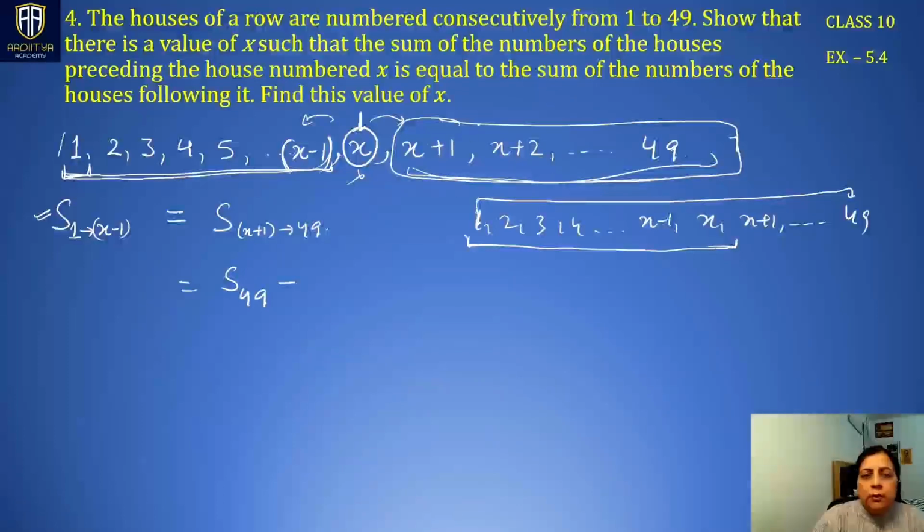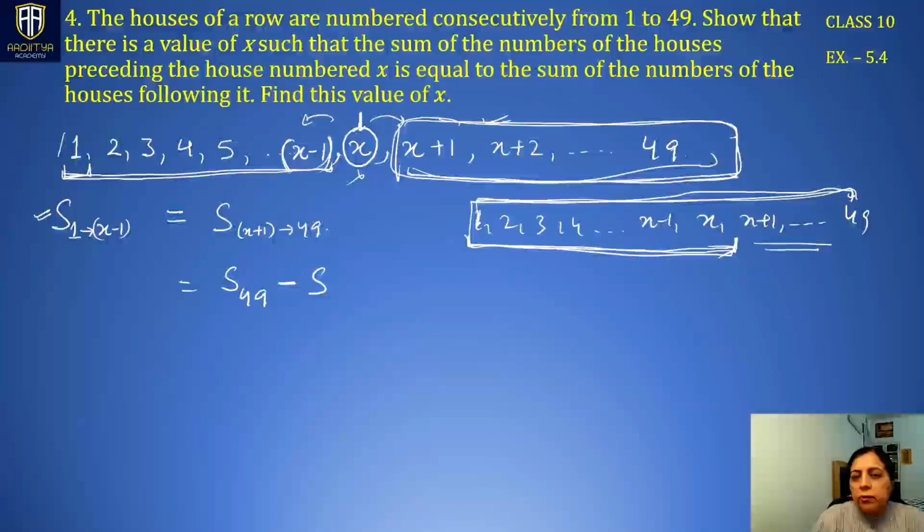If we have to find the sum of the numbers x plus 1 to 49, it can be obtained by taking the sum of the whole sequence from 1 to 49, minus the sum from 1 to x. If we take the sum of all terms and subtract these x terms, we are left with the required sum from x plus 1 to 49. So that means S49 minus S of x.